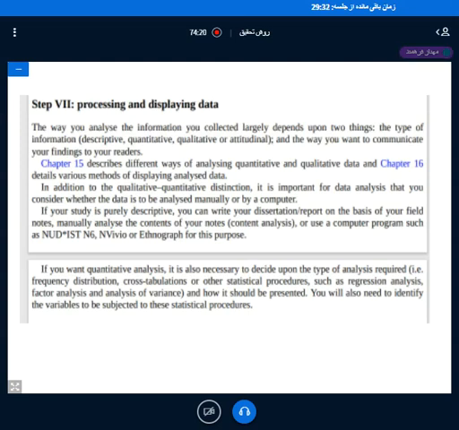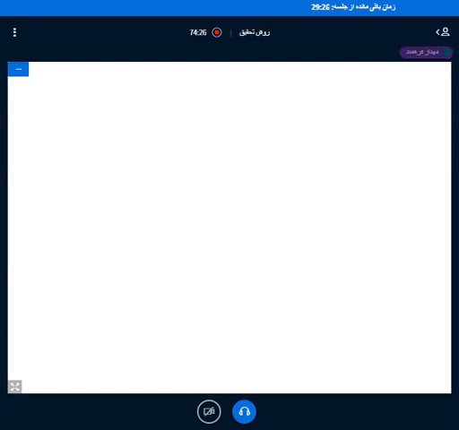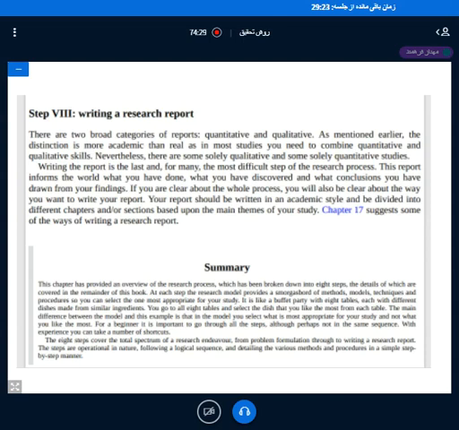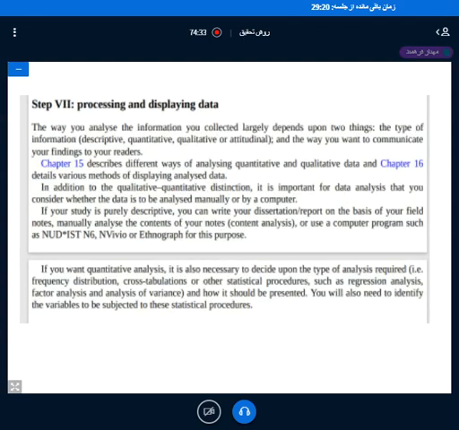And then you can see here step 7. The way you analyze the information you collected largely depends upon two things: the type of information, descriptive, quantitative, qualitative, or attitudinal, that we are going to talk about in the past section, and the way you want to communicate your findings to your readers.